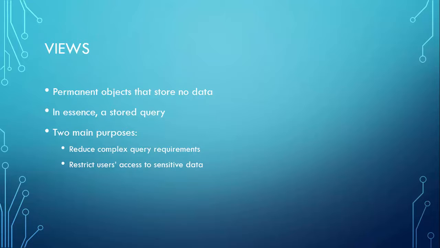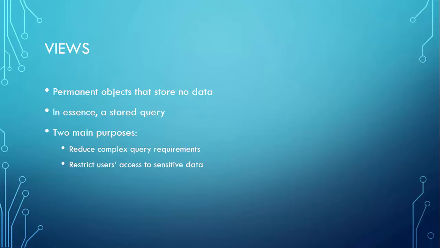Another option or reason we might use views is to restrict users' access to sensitive data. So let's say we have employee information in our database, and in our employees table we have their name and their job title and their extension and their email address, similarly to what we have in the Northwind Traders database. But we also have their social security number and their home address, which are some pieces that we probably don't want everybody in the company to see.